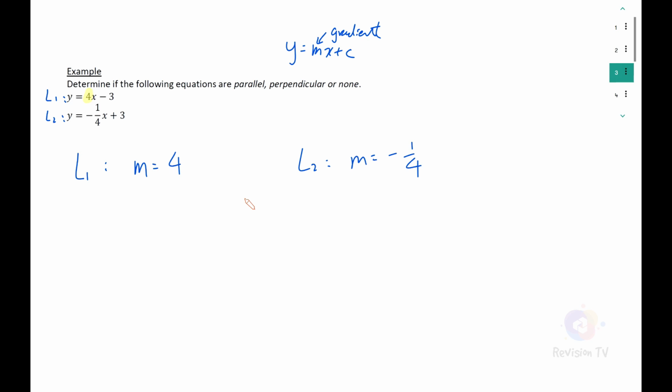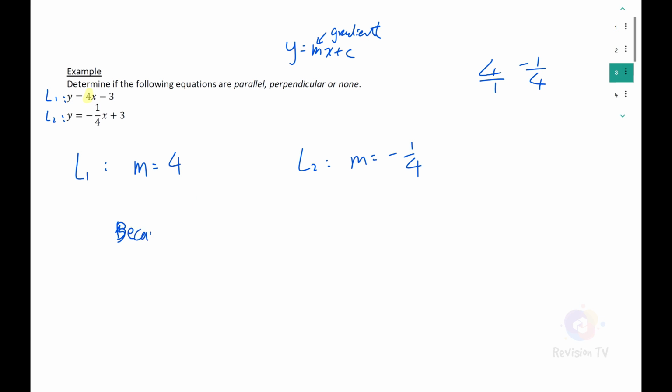So the question to you is, are they parallel? Obviously not, because the gradients are not the same. But are they negative reciprocals of each other? Yes, they are. If you take 4 over 1, flip the fraction and put a negative, that's negative a quarter.